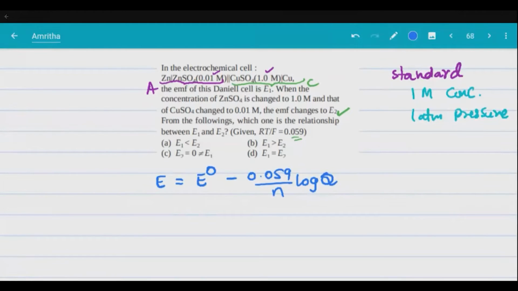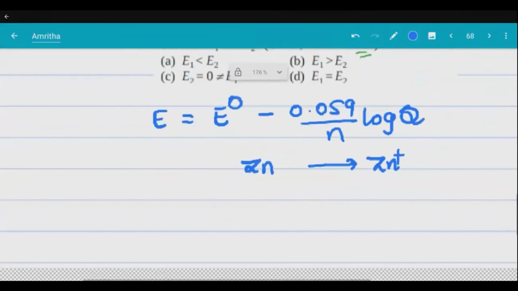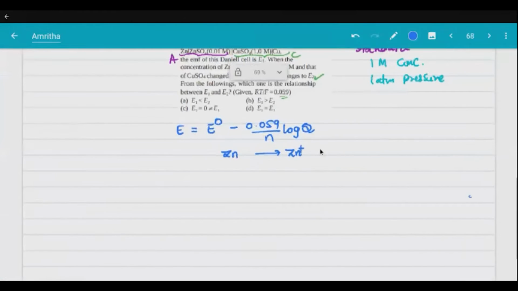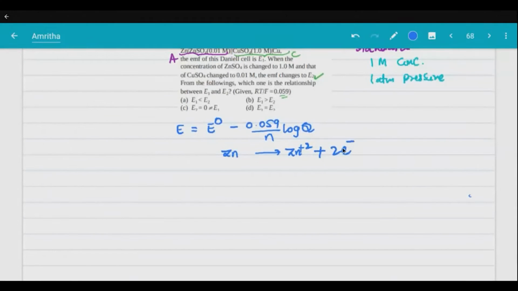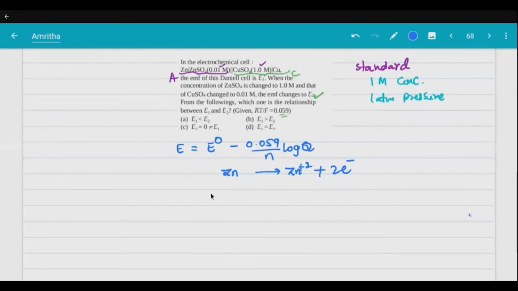So what is the cell reaction here? Left side anode is oxidation. I'm writing oxidation here: Zn gives Zn+2 plus 2 electrons. Right side is reduction: Cu+2 plus 2 electrons gives Cu.